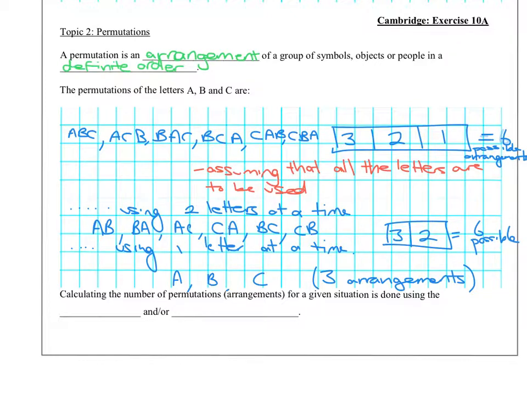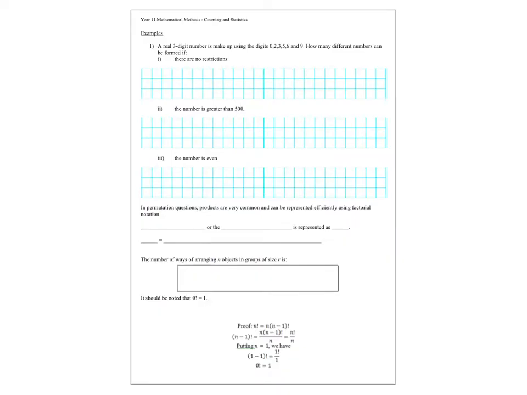Now, if we're calculating this for a bigger scenario where we can't just list them all out, it might be a little bit harder. We'll do what we did up here, and we'll use the addition and multiplication rules, sometimes one or the other, or we might use both. So let's try a specific example.